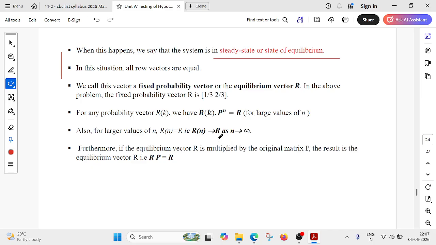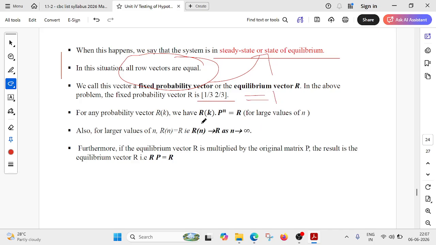In this situation, all vectors are equal. Now we call this vector the fixed probability vector or equilibrium vector. In the previous problem, we saw 1/3 and 2/3; if you add them, you get 1.